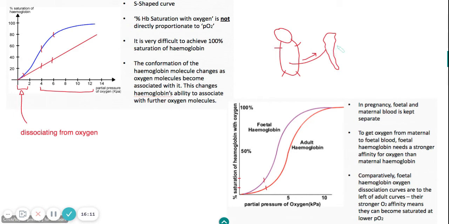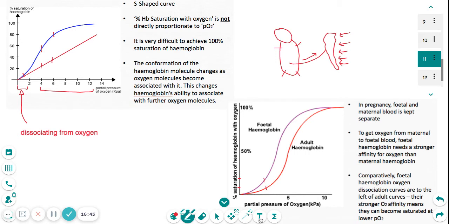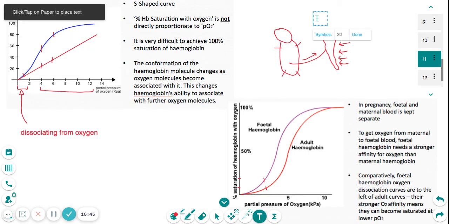And at the same time, the mother is pumping her blood to the same placenta. Now the bloods are not actually making any contact with each other. There's a very thin barrier provided by the placenta, but that barrier allows diffusion of small molecules to get by, and one of them is oxygen. Because the placenta is nowhere near the lungs, we would say that the placenta has a low partial pressure of oxygen.